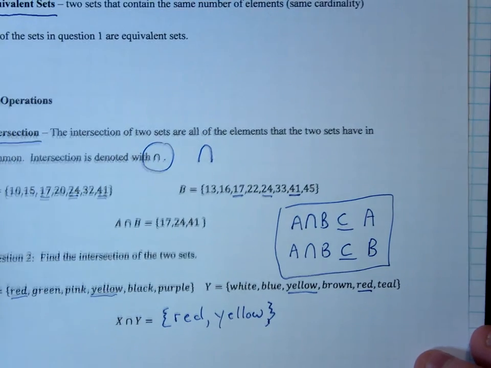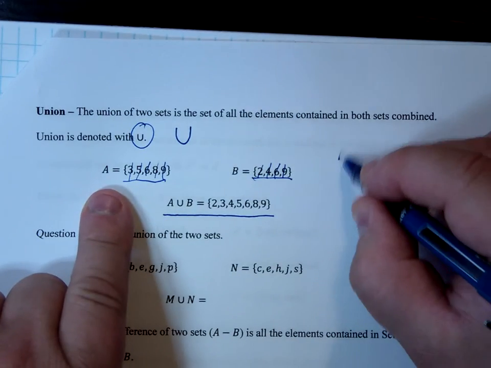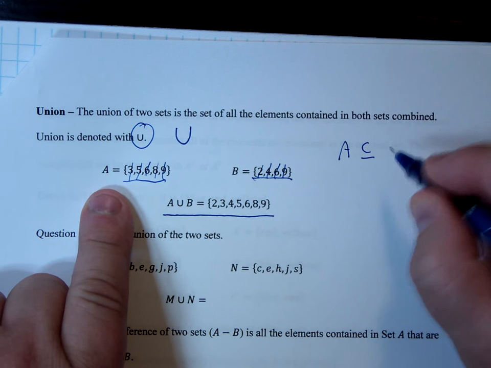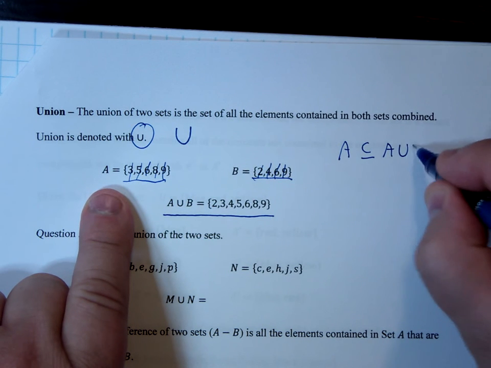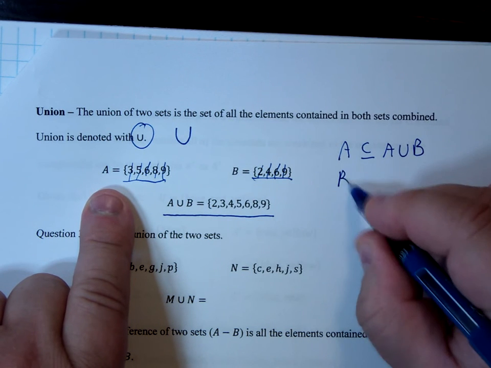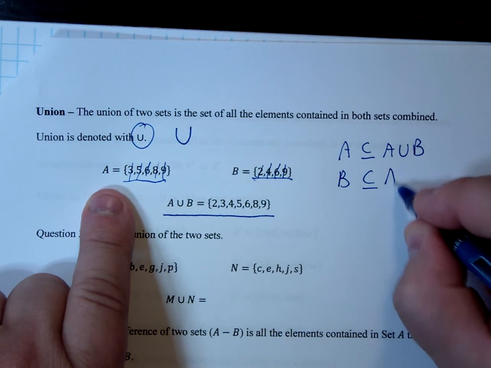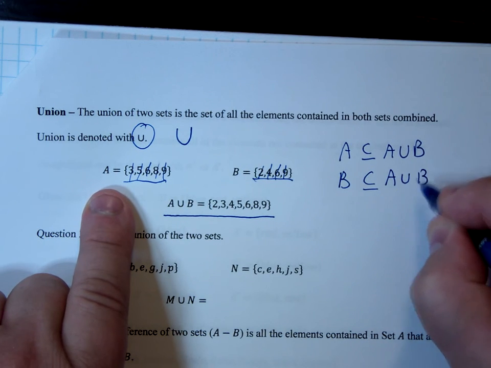But when you do the union, it's the other way around. A is a subset of A union B, and B is a subset of A union B.